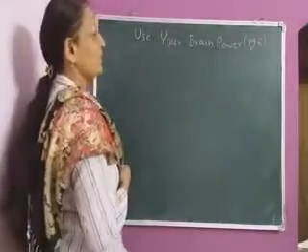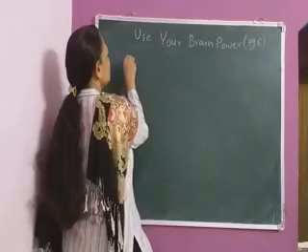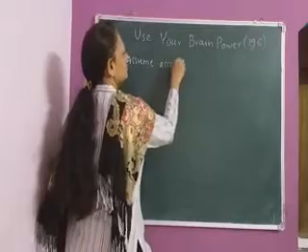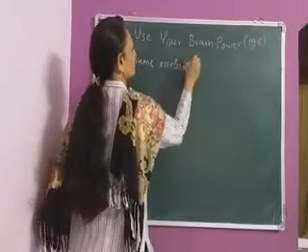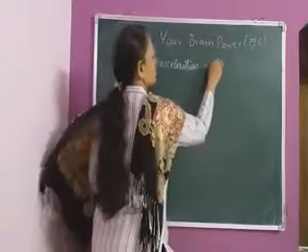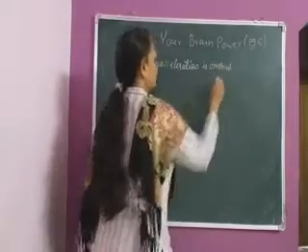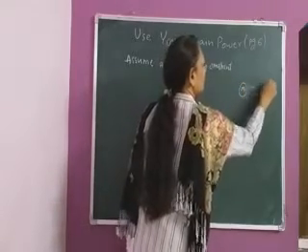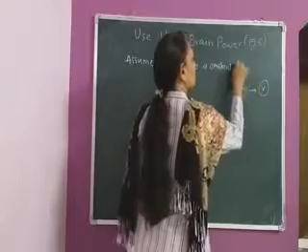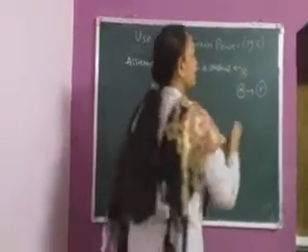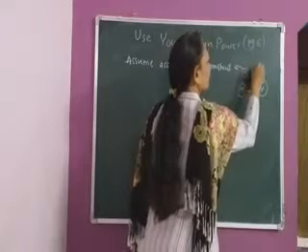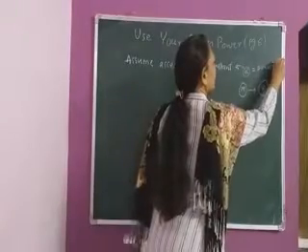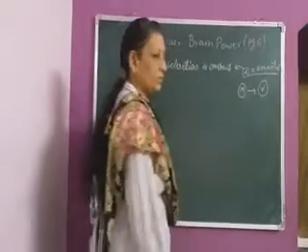In Use your brain power, they have given here, assume acceleration is constant. Means when Mahendra moves toward Virat, acceleration is constant. We have calculated acceleration as 5.34 into 10 to the power negative 9 meter per second square, and this remains constant.